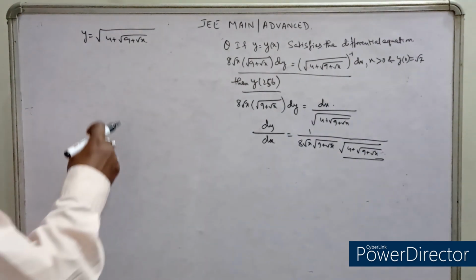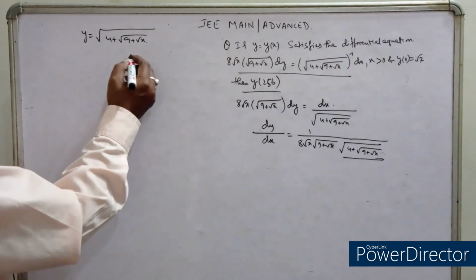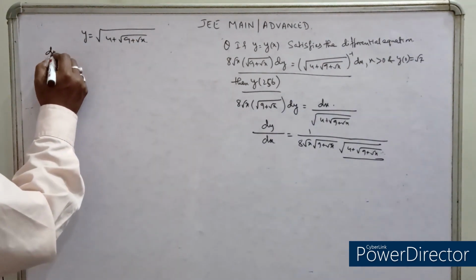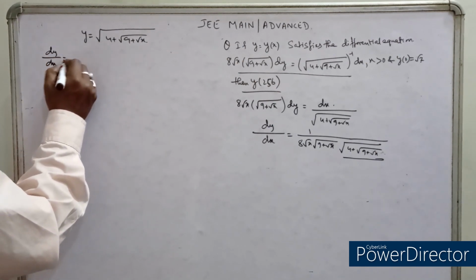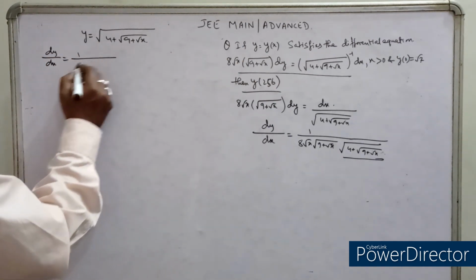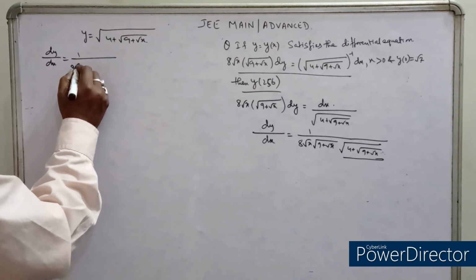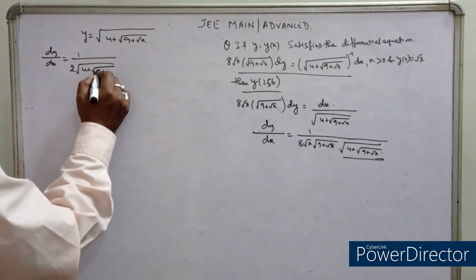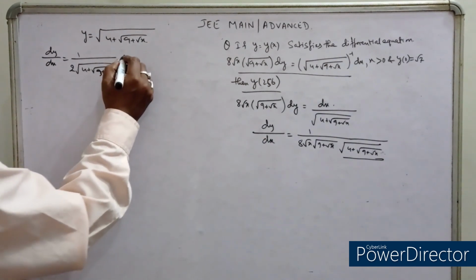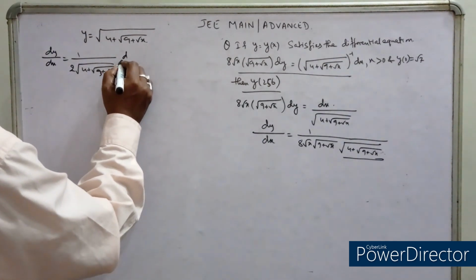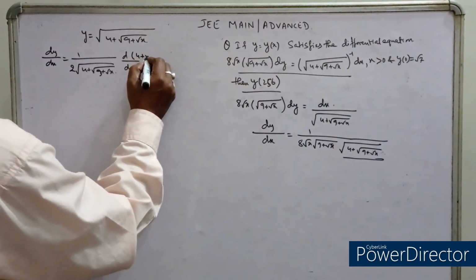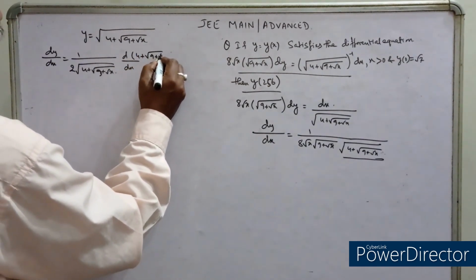So when you differentiate both sides with respect to x, here this will be chain rule. So your dy by dx will be 1 by 2 root 4 plus root 9 plus root x, and again this is your chain rule, so this will be d by dx of 4 plus root 9 plus root x.